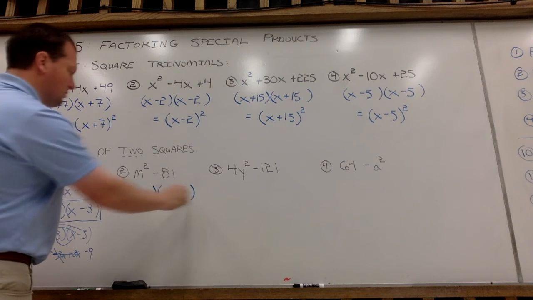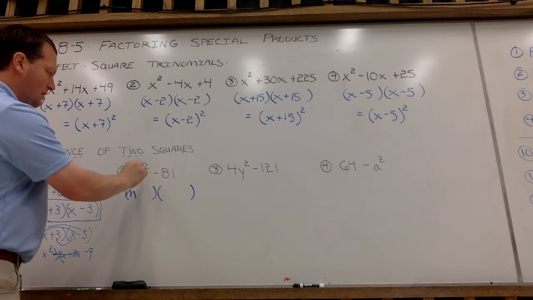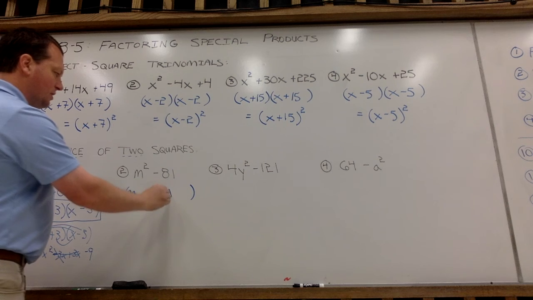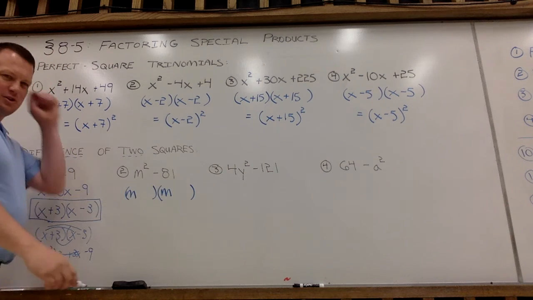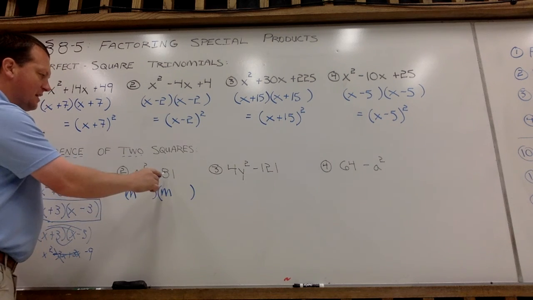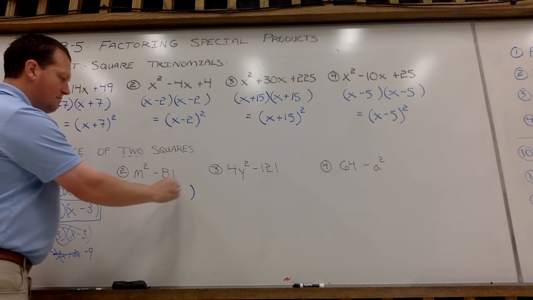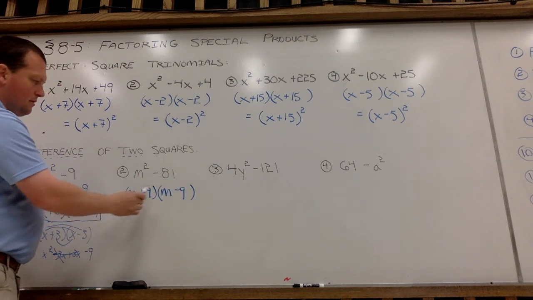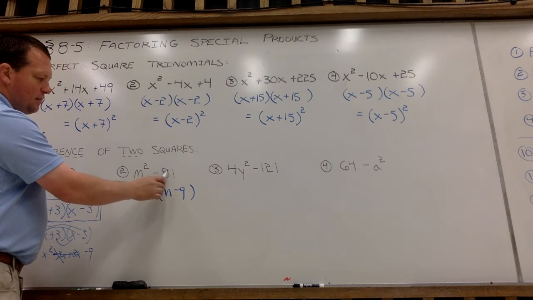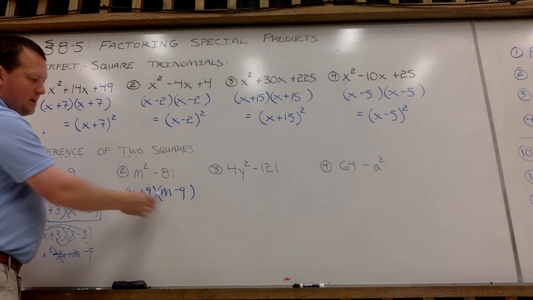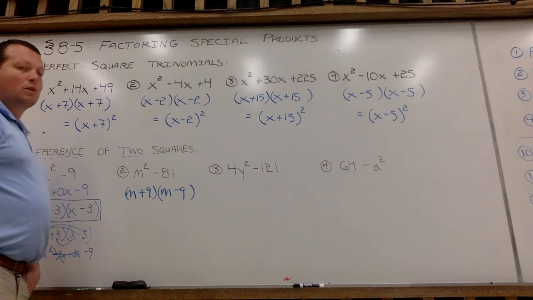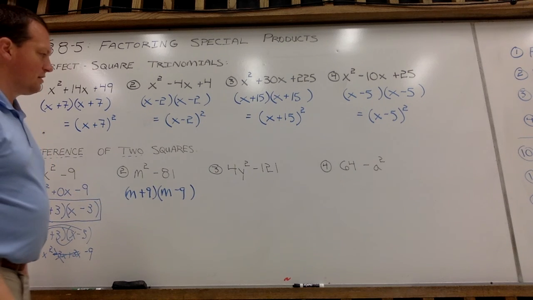So let's put it into fast forward here. The square root of m squared is m, and then two numbers that multiply to make negative 81 and add to make 0 are positive 9 and negative 9. M plus 9 times m minus 9: 9 times negative 9 is negative 81, and the positive 9m and negative 9m will make 0m in the middle.